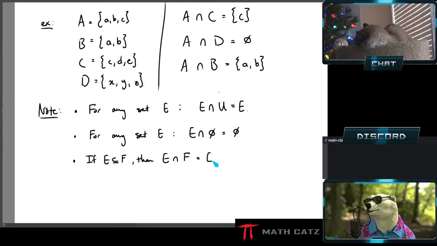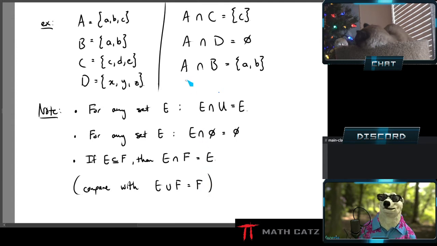So the overlap will be the smaller. And remember, compare that with the union, which was throwing them together, but in that case, the smaller one doesn't contribute anything new that the bigger one doesn't already have, and the union sort of went the opposite way. So yes, these aren't opposites of each other in the technical sense, but they do sort of stand on opposite ends of how to combine sets.